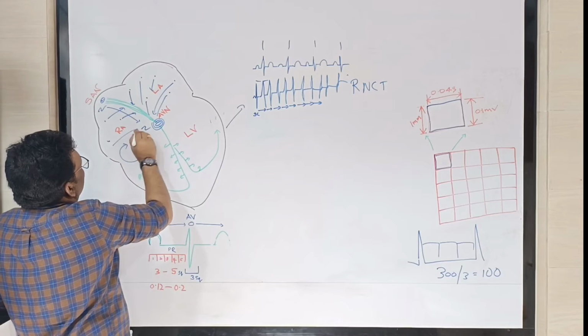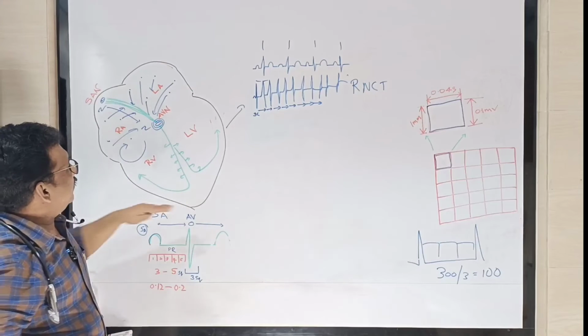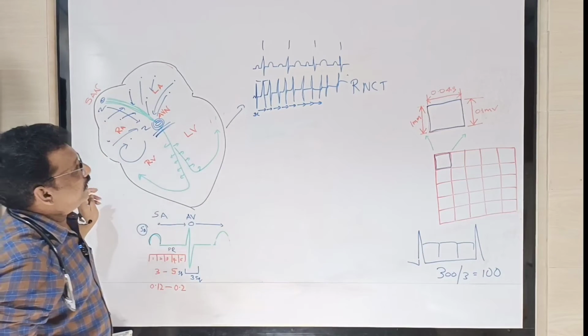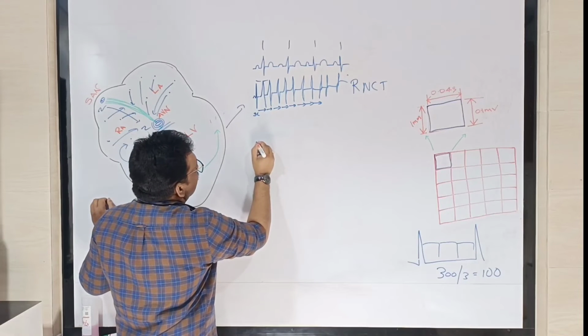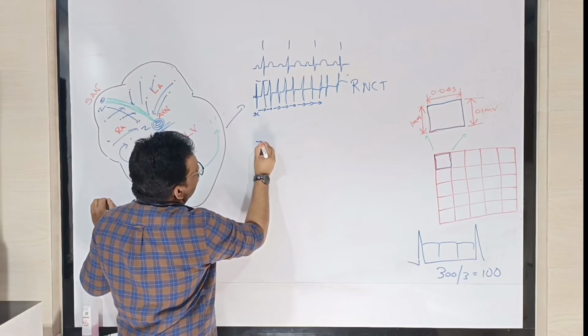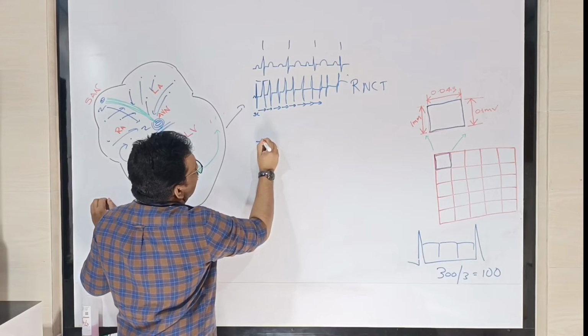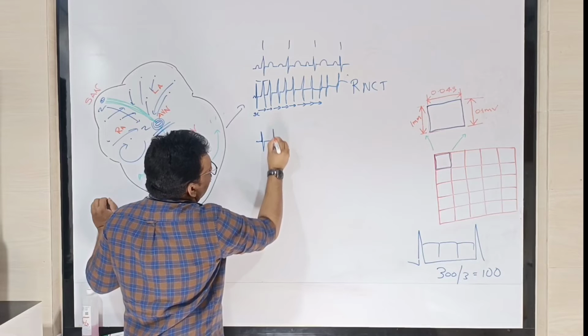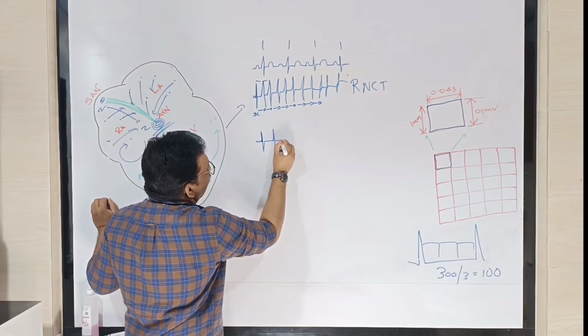All this electrical activity will not be conducted to the ventricle, it may be partially blocked. So what happens is, you get a wavy baseline instead of P waves, then narrow QRS complexes, irregular RR interval.